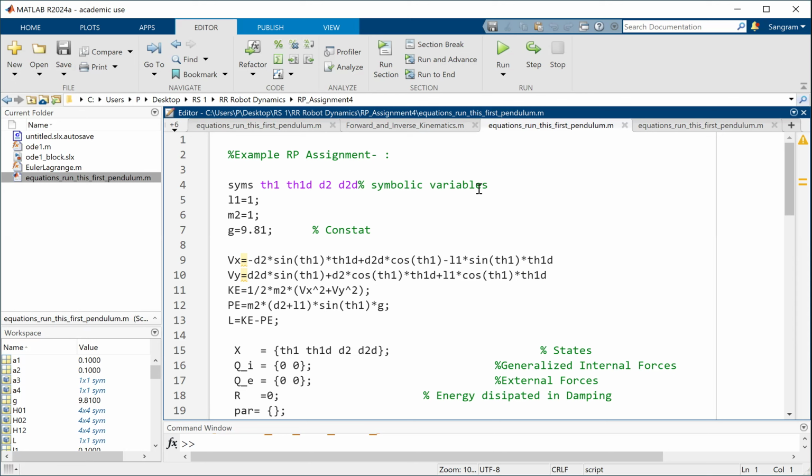You have to do the same mathematical juggling: A1 cosine theta 1 theta 1 dot plus D2 dot sine theta 1 plus D2 cosine theta 1 theta 1 dot. Are you with me? You got the same expression over there. And Vz is 0.